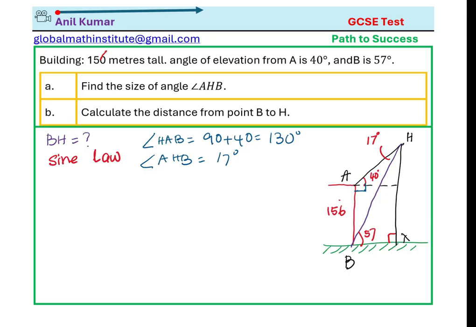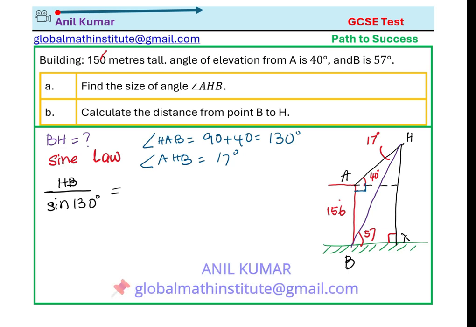We need to find HB, right? So I normally write the side which we need to find on the top, HB over the sine of the angle opposite, which is sine of 130, 40 plus 90, equals 156 over the angle opposite to 156, which we found, sine of 17.